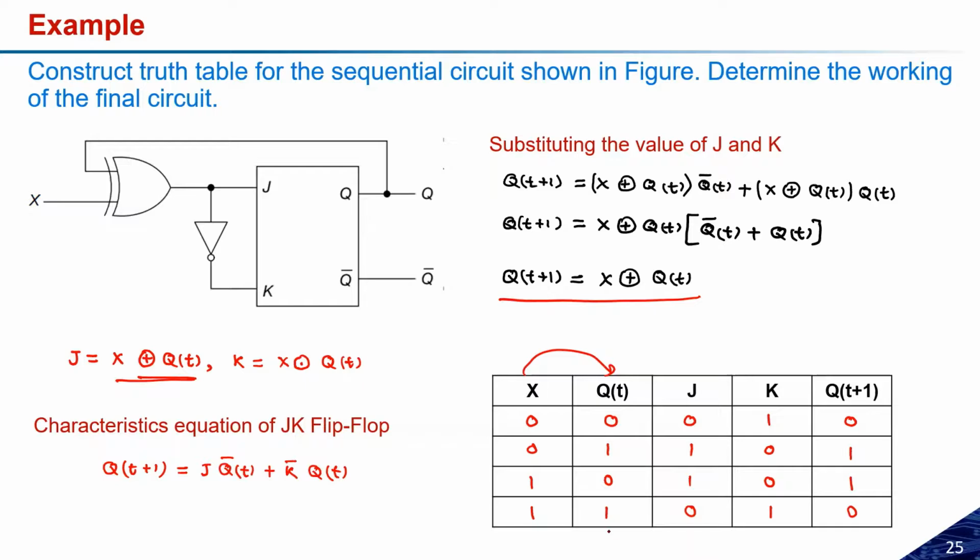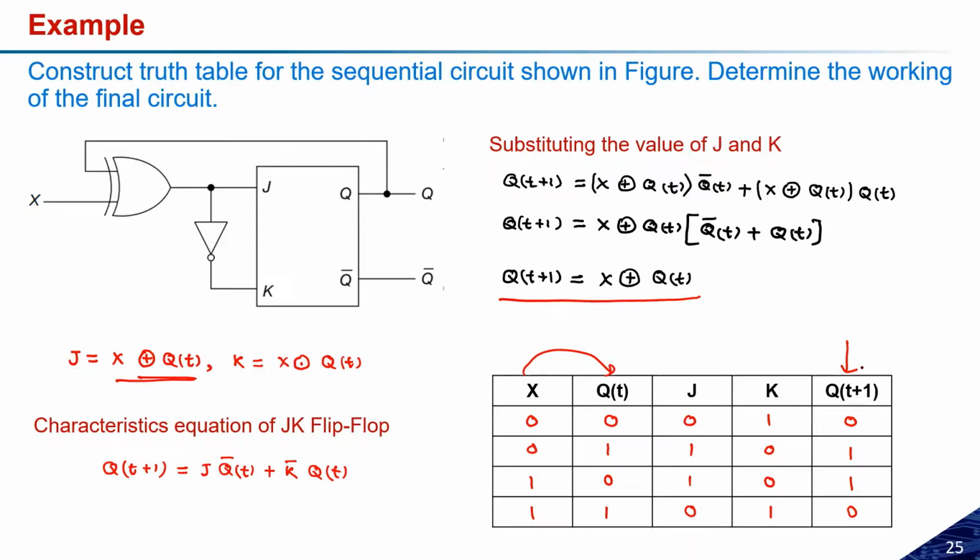If you compare this, the Qt+1 that we are getting is just like the characteristic equation of the T flip-flop, because we are XORing it.